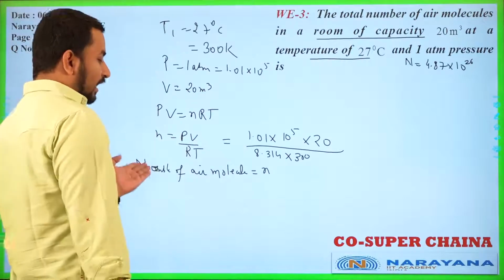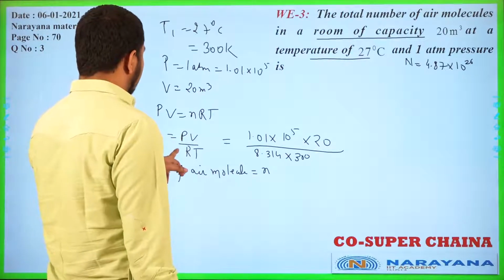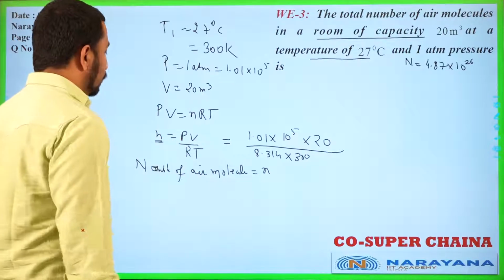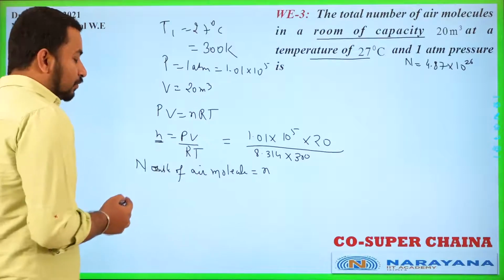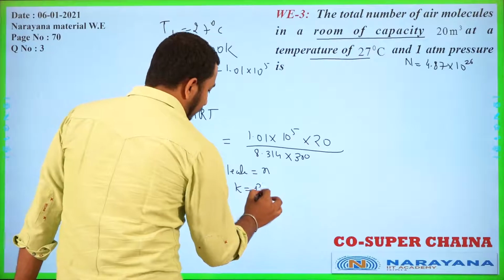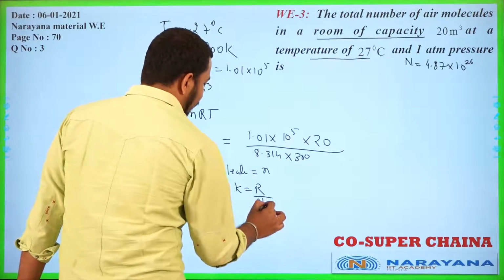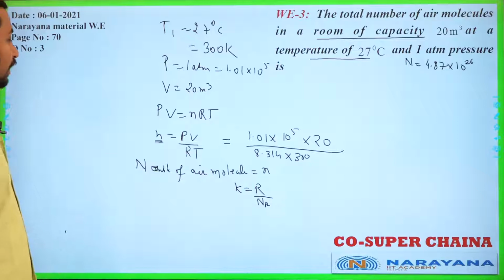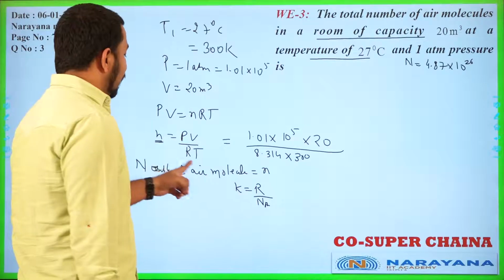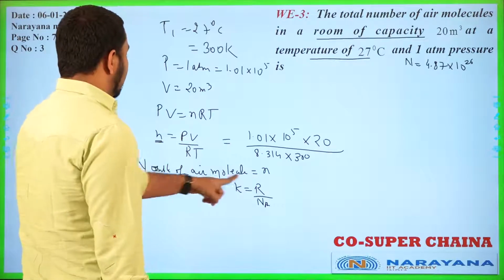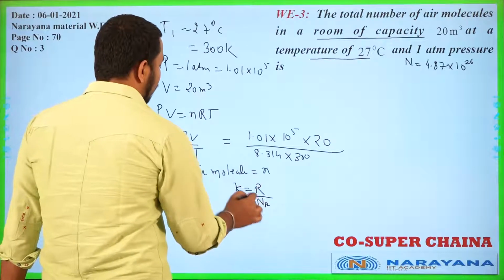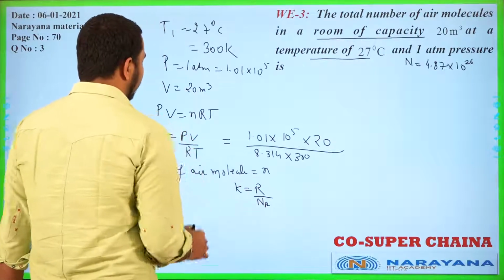Now to calculate N, what we have to do? This n is number of moles. Now we know that k can be written as R by Na, so R will be nothing but k into Na.